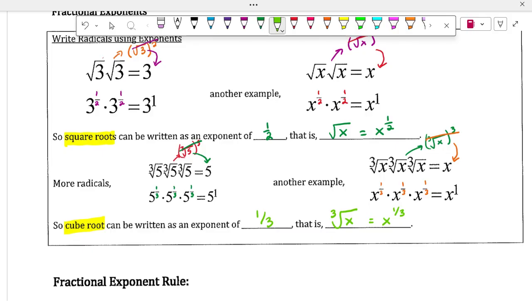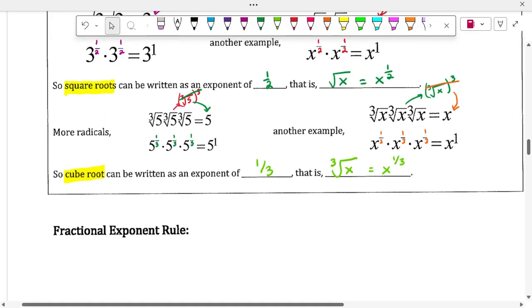So any radical can be rewritten as a fractional exponent. Any radical, whether it's a 4th root, 5th root, 6th root, whatever, can be written as an exponent.